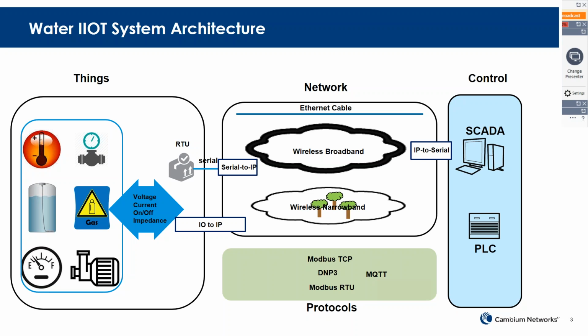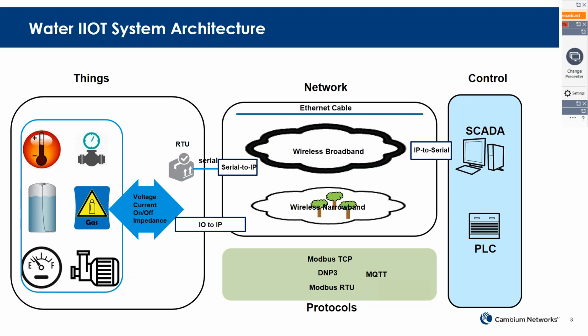So to connect to the internet, the serial interface needs to be converted to IP. You would throw in a serial to IP device, which converts the serial traffic into IP to be carried over the network, and then converts it back to serial if the SCADA master happens to use a serial interface, which traditionally is the case.